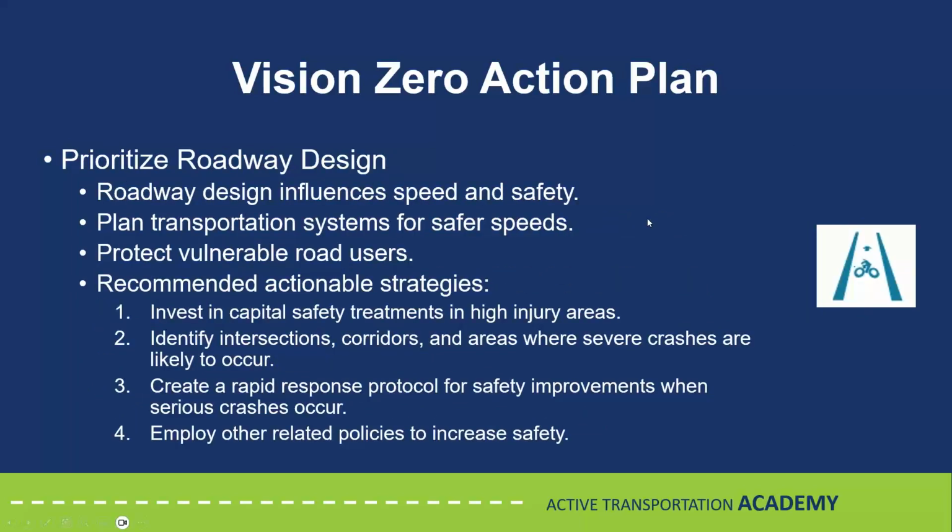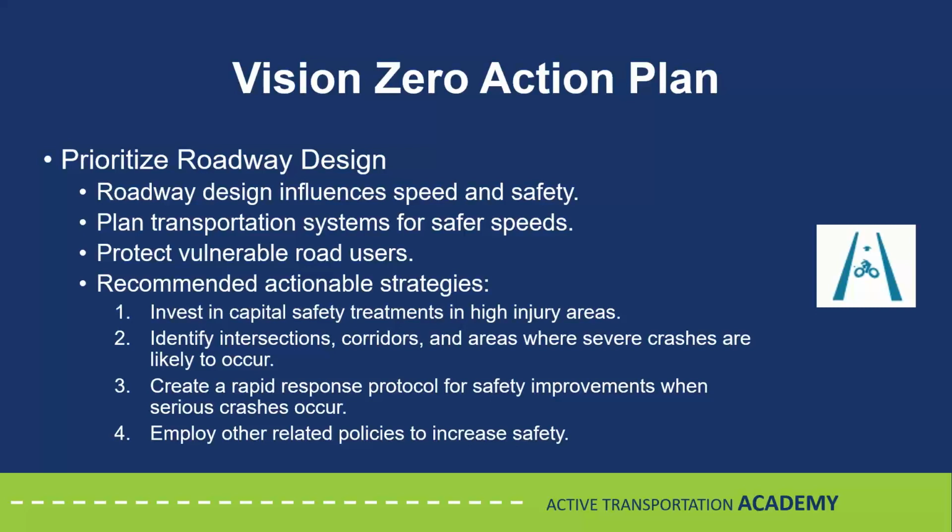Okay, roadway design is probably the thing that most of the people in this room influence. It's one of the most important factors in influencing vehicle speed and therefore safety. We're the people who can influence that through roadway design. To plan a transportation system that makes slower, safe speeds the norm, removing kinetic energy from the transportation system increases mode choice for travelers.